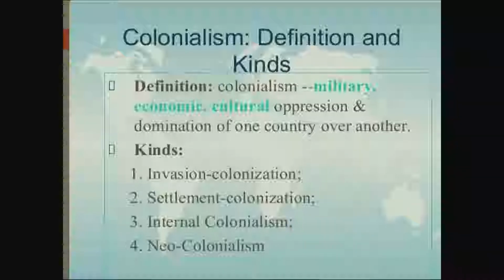There are several kinds of colonialism. Invasion colonization is something that you're familiar with. For instance, the British came to India, they invaded us, and they made India their own colony. So this was invasion colonization.